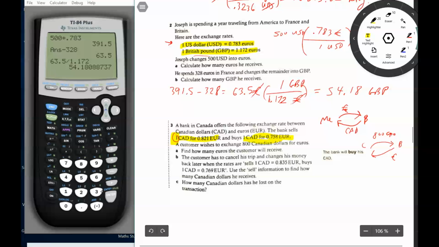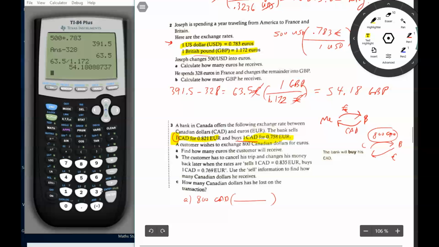And we know that the exchange rate to use in this case is the bank is buying Canadian dollars, right? So it would be this one, buys Canadian dollars. So A, how many euros will the customer receive from 800 Canadian dollars? So we're going to multiply times the domino. Which domino do we want?